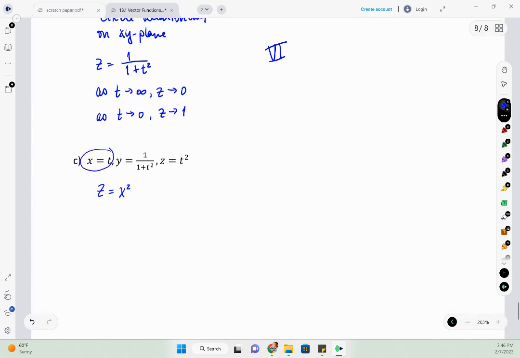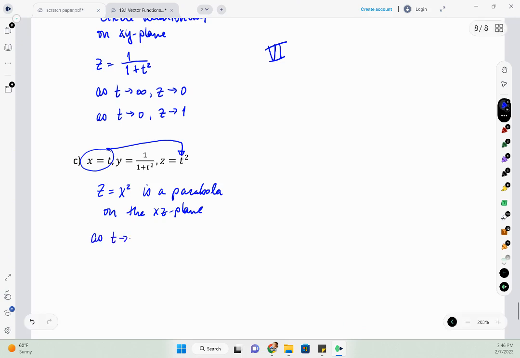I can just take x equals t and substitute it into z equals t squared. So z equals x squared is a parabola on the xz plane. It opens up.